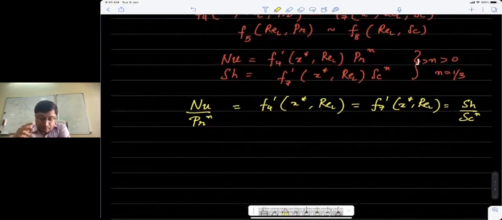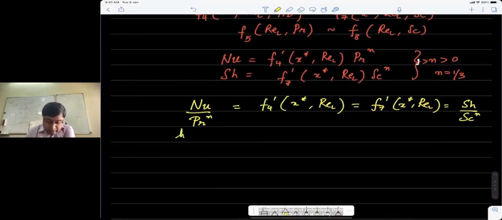Because transport in both processes, both heat transfer and mass transfer, is being governed by the same equations and same boundary conditions. Now, this is actually a very powerful result. The Nusselt number can be written in terms of the heat transfer coefficient, and the Sherwood number in terms of the mass transfer coefficient.